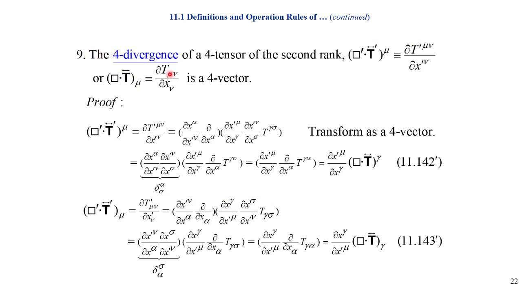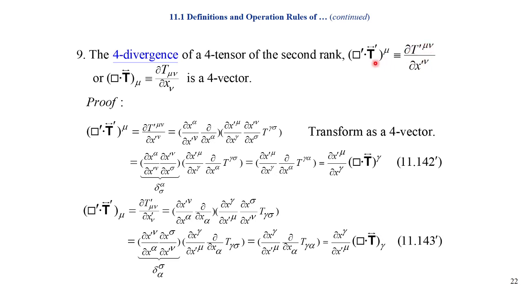Item number 9. The four divergence of a four tensor of the second rank. Once again, we have a tensor operation. We just told you the inner product. Now we will tell you the four divergence of a four tensor of the second rank. It is denoted as this one, and in the primed system T'^{μν}.